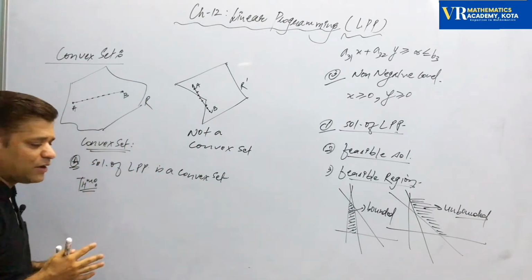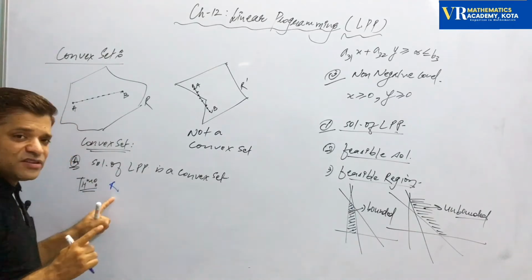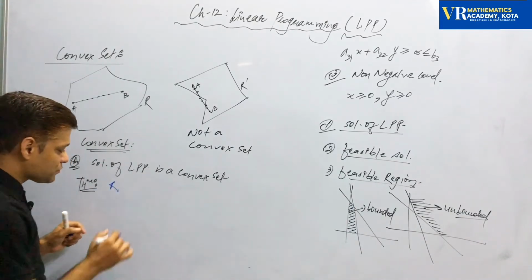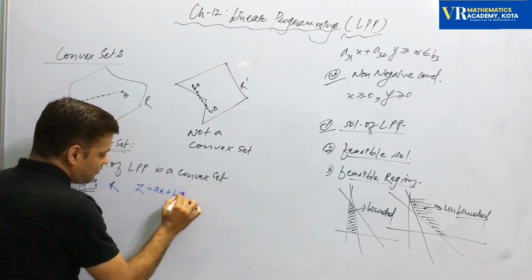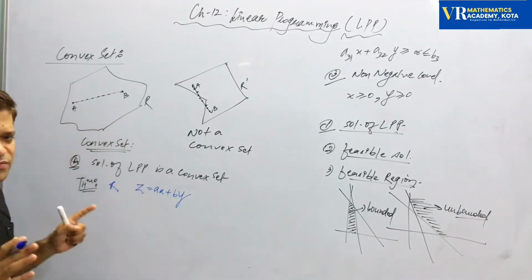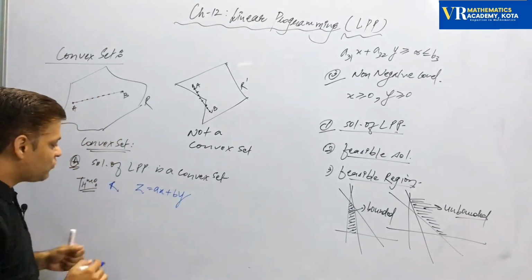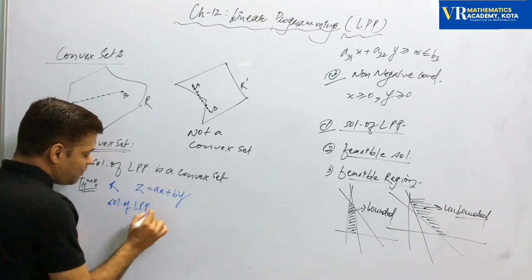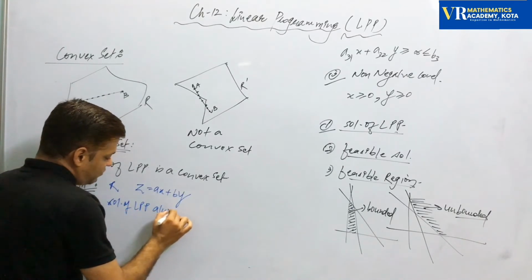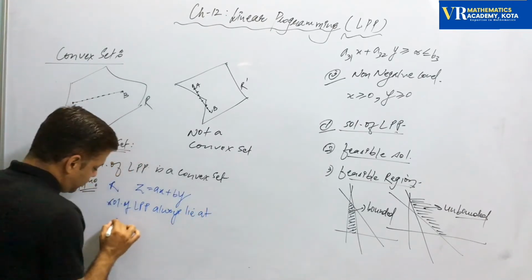According to that theorem, if we are given the region R, which is the feasible region, and the objective function Z equals ax plus by, which is to be either maximized or minimized, then the solution of this LPP always lies at a corner point.